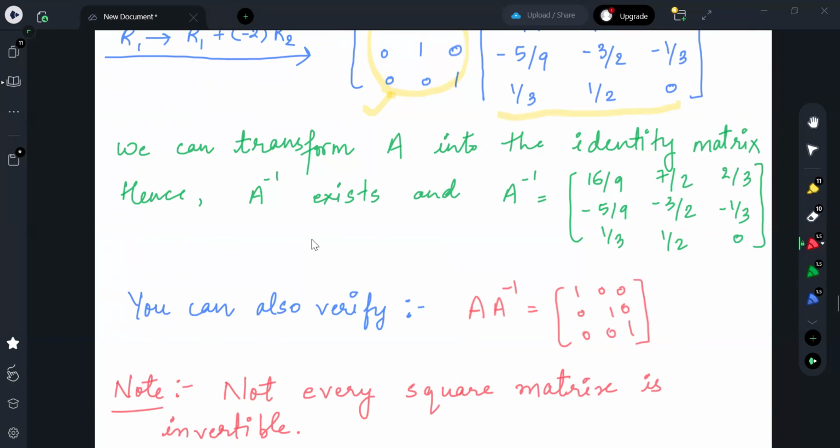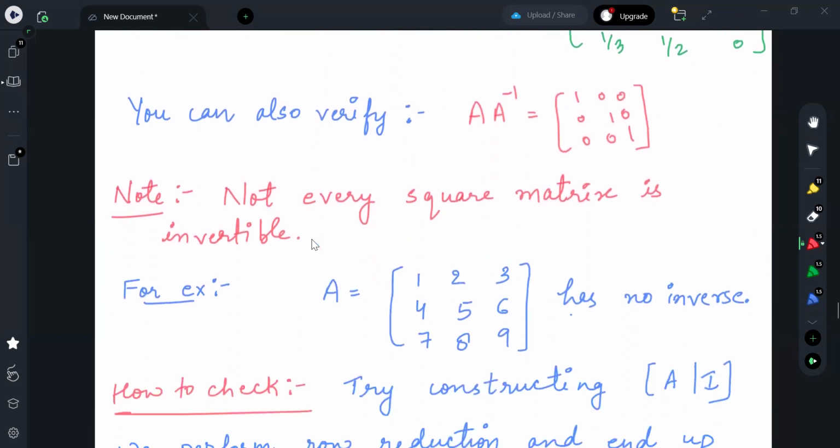Now, remember when I said that not every square matrix is invertible? We could easily tell for a 2x2 matrix just by finding the AD minus BC value. How do I check for a 3x3 or higher order square matrix to see if it has no inverse?